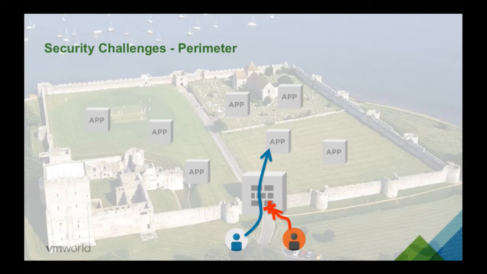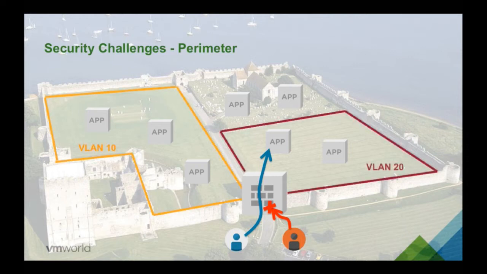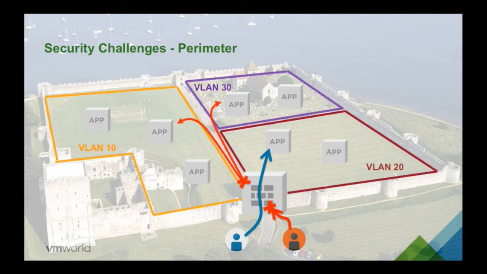We don't want all these applications to talk together. So in that case, we create what we call VLANs to segment those applications. With that, I can protect and define what traffic is allowed and not allowed. But inside the VLANs, the traffic flows without any protection, right?